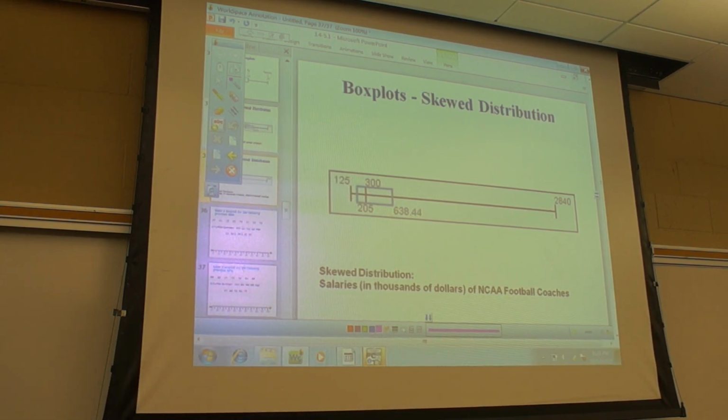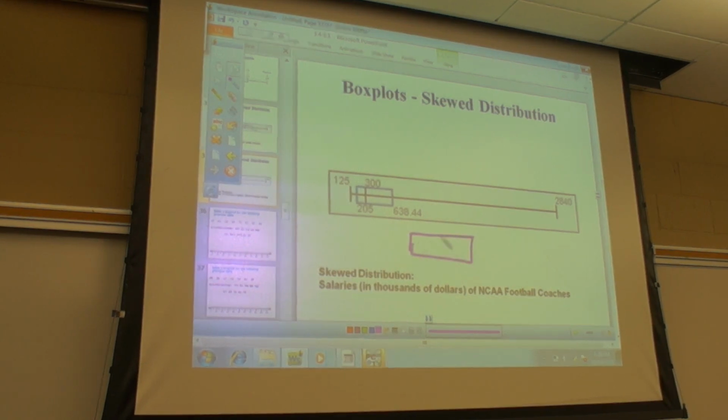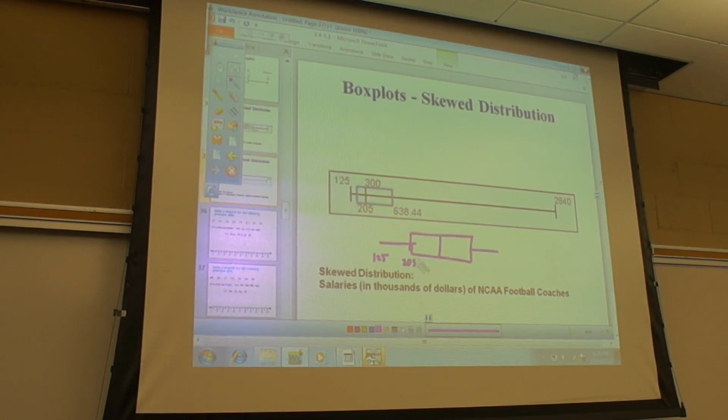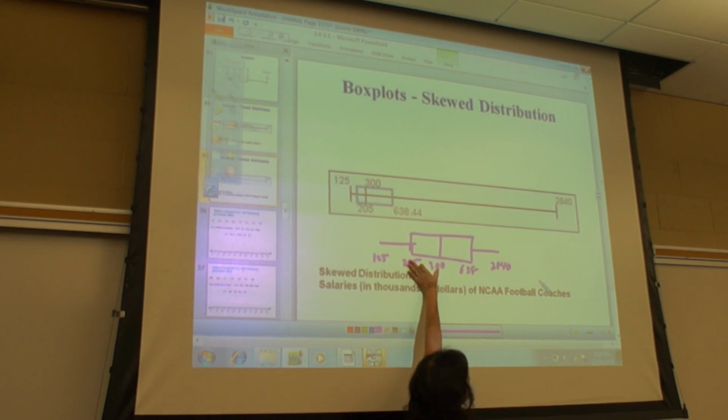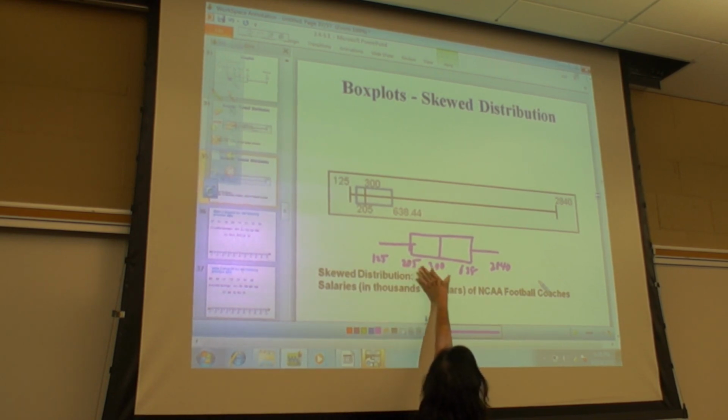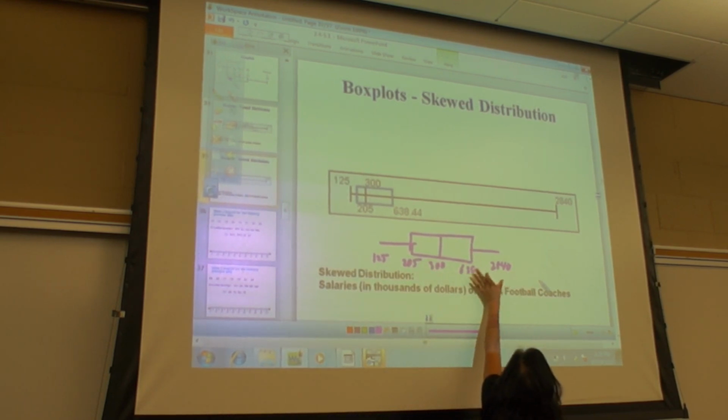So do not just do this. Don't just be like, oh yeah, here's my box plot. This is 125. This is 205. This is 300. This is 638. And this is 2840. You will lose 3 points on the easiest problem ever, because you're telling me that the distance from here to here, 95, is the same as the distance from here to here, 2200.